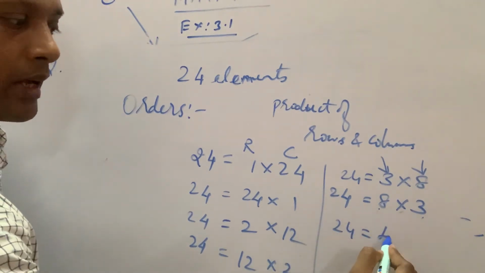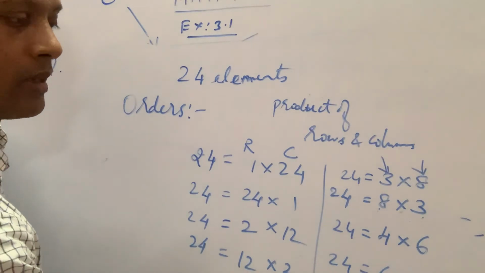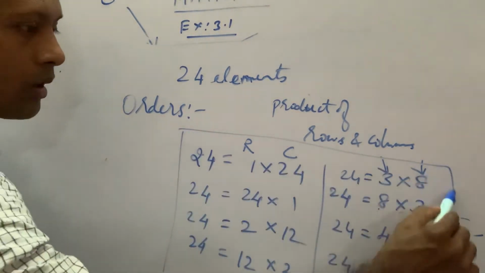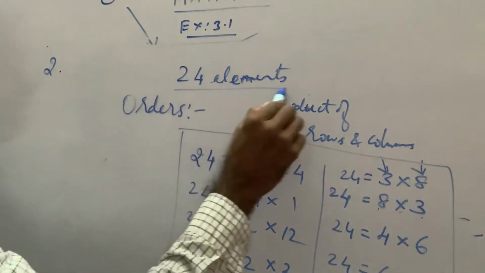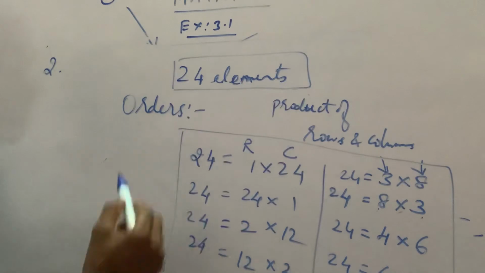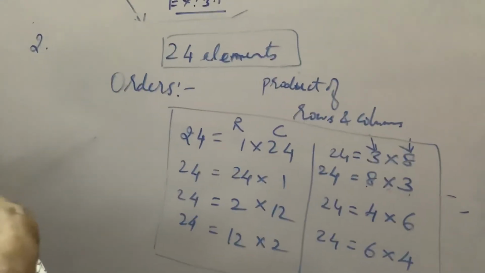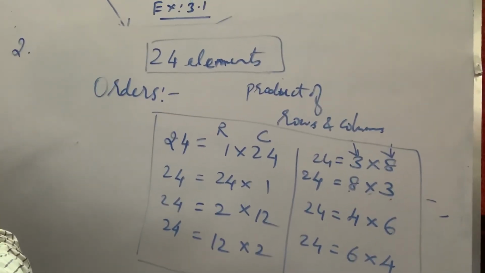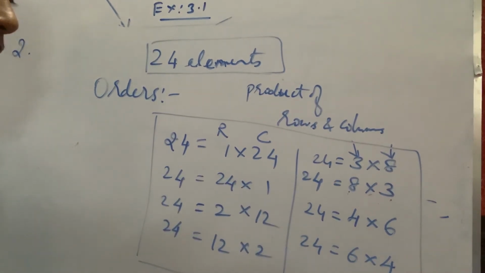Also, you can have 4 rows and 6 columns, or you can have 6 rows and 4 columns. So these are the possible orders for this matrix, which has 24 elements.